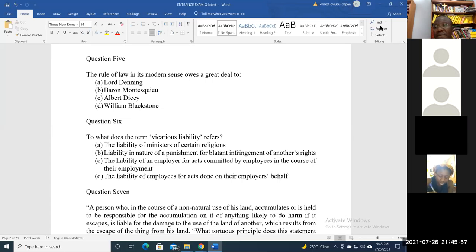No, because we are talking about the employer bearing the liability for something which the employee has done. So if you don't open your eyes and read well, D sounds somewhat correct in your ear, but it is a wrong answer. The correct answer is C. The liability of an employer for acts committed by the employee in the course of their employment.